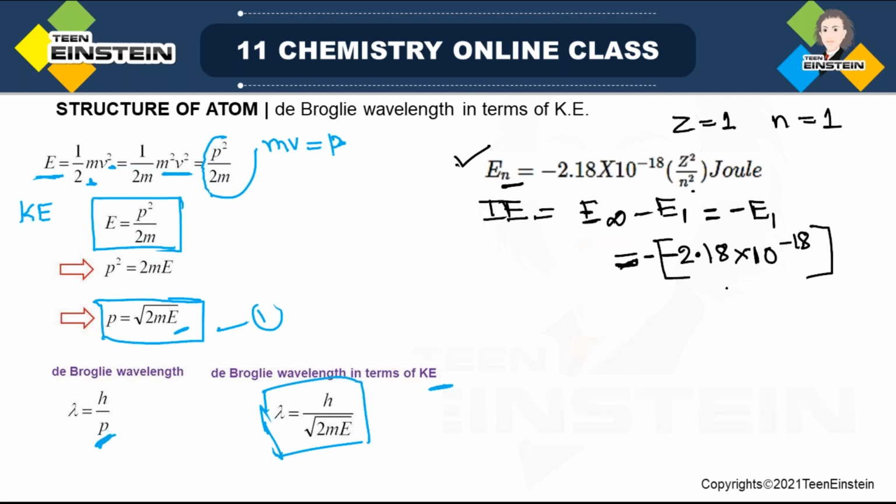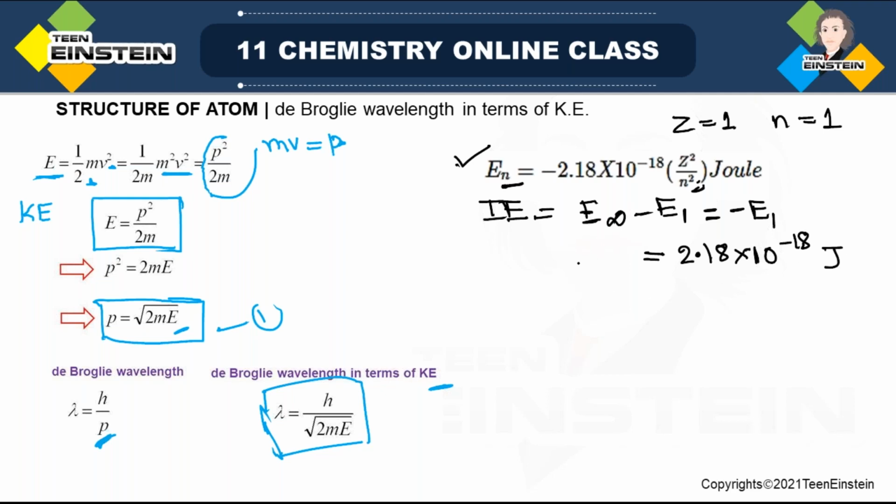So E1 is minus 2.18 × 10^-18. Then Z is 1 and N is also 1, so it is also 1. So ultimately this negative negative cancelled. So what value are you getting finally? You are getting finally the ionization energy value is equal to positive 2.18 × 10^-18 joule.